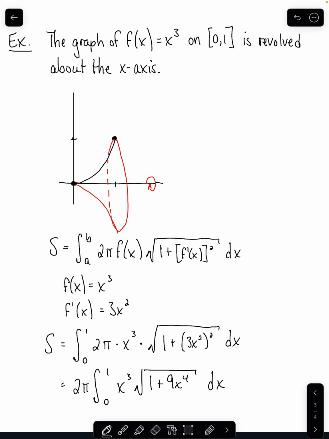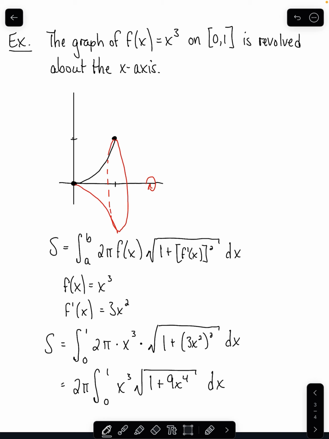See, now, if this was just arc length, we wouldn't have the x cubed in front, and we would just have a square root of a sum of squares. But here, we happen to have the x cubed in front, which happens to be part of the variable part of the derivative of 1 plus 9x to the fourth.